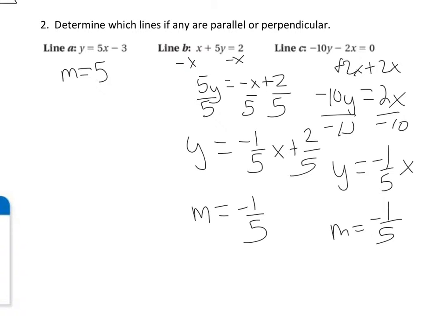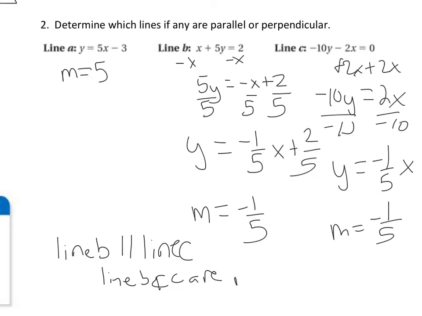So it says determine which lines, if any, are parallel. Well, line B is parallel to line C, because see how they have the same slope, different y-intercept. Okay? So line B and C are parallel.